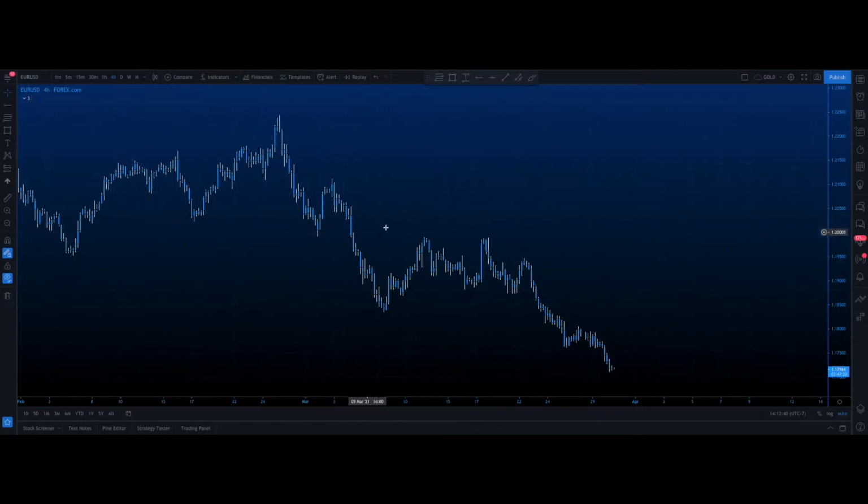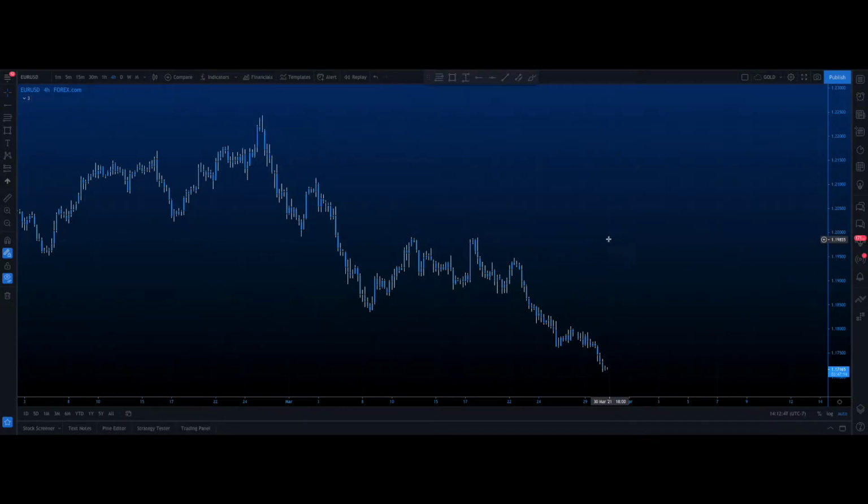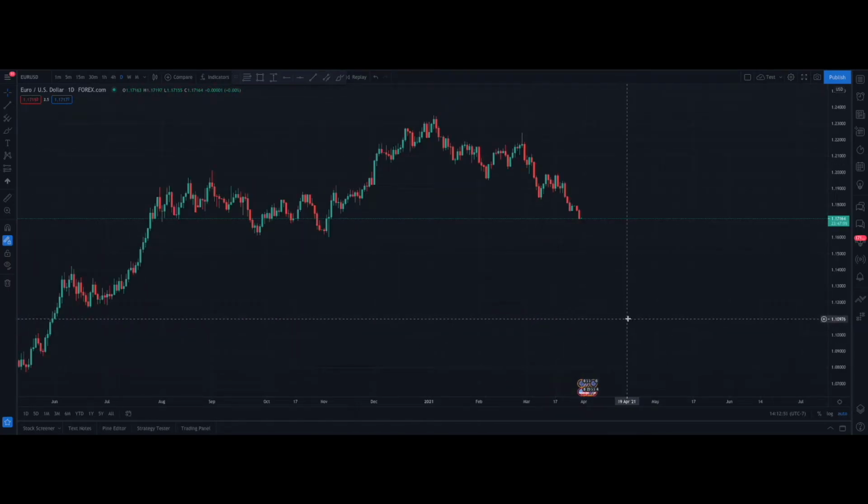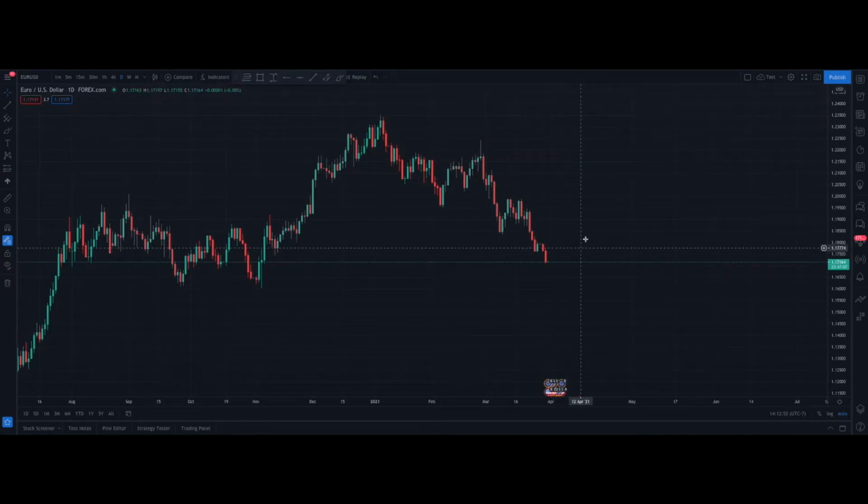This might be a new way of looking at the charts for a lot of you guys. Maybe not, but I think a lot of people are used to something like this, because this is the standard TradingView setup when you first sign up for a TradingView account or when you first start trading, whether that's stocks, futures, or Forex.